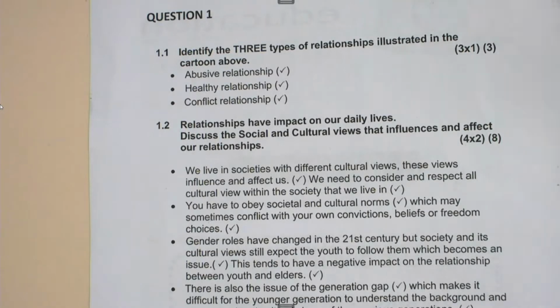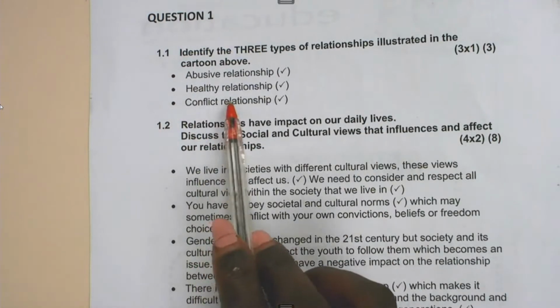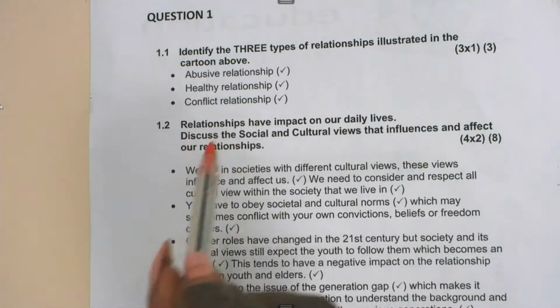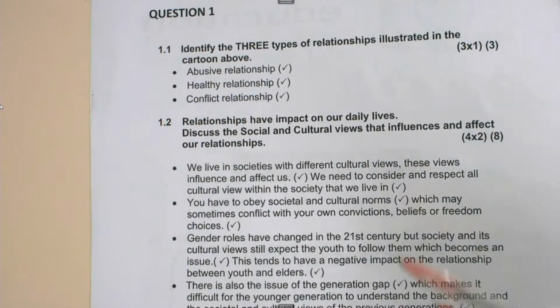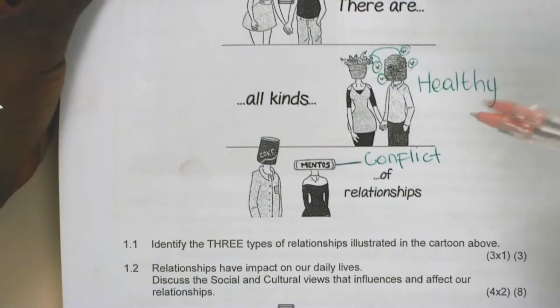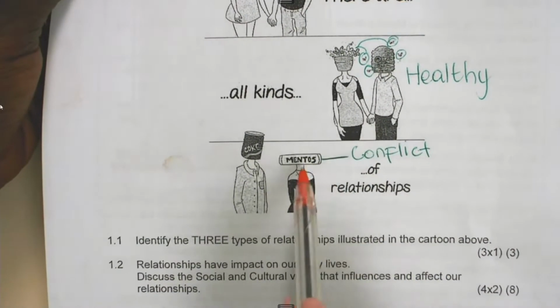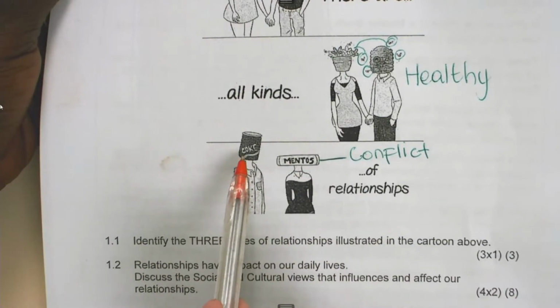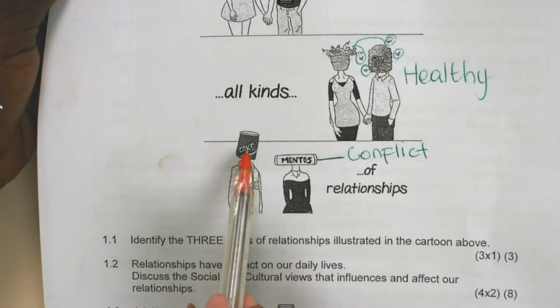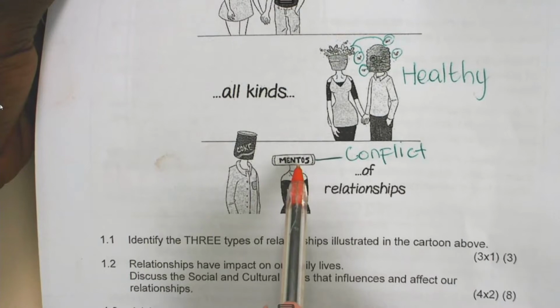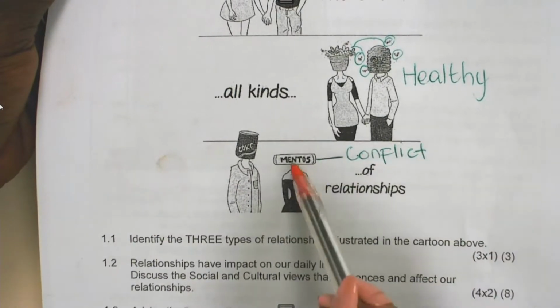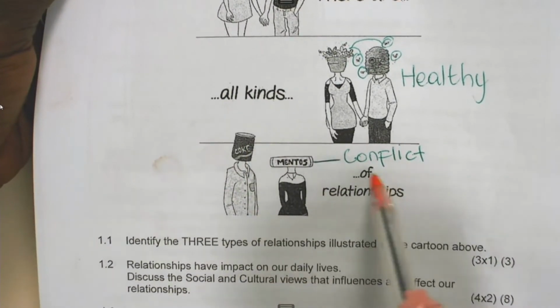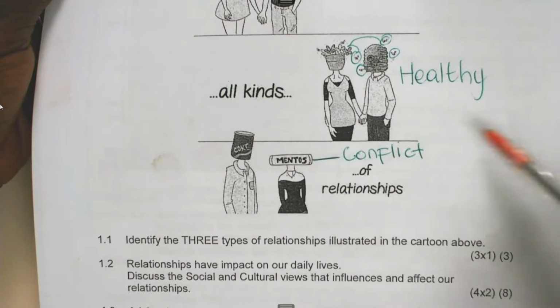It means the relationship is healthy. The third one is a conflict relationship. When we say a conflict relationship, it means the problem arises between the Mentos and the Coke. Remember, the Coke also has its problem. Mentos has its own problems also. But together, they make a certain conflict in a relationship.